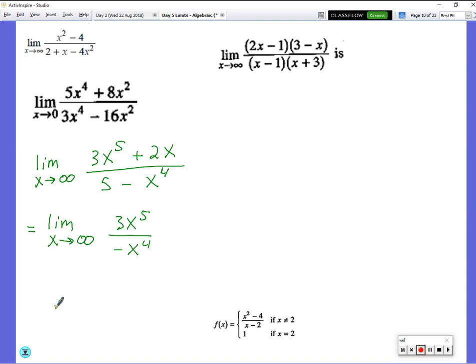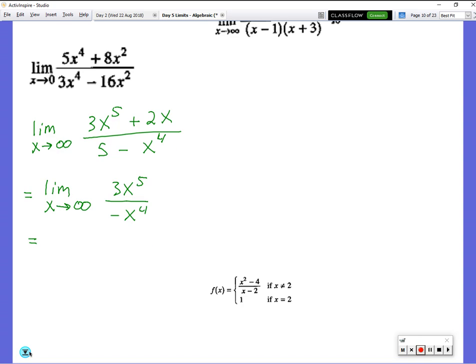Cool. I can rewrite this as factors separated out. So now I've got 3 over 1, x to the, put a negative there. It doesn't really matter where I put the negative.